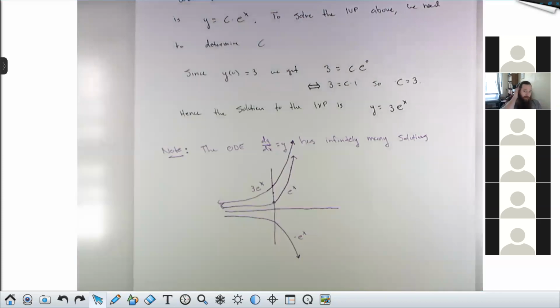And there's many, many more. There's actually infinitely many solutions. I could fill this plane with curves, each of which satisfies the original ODE.